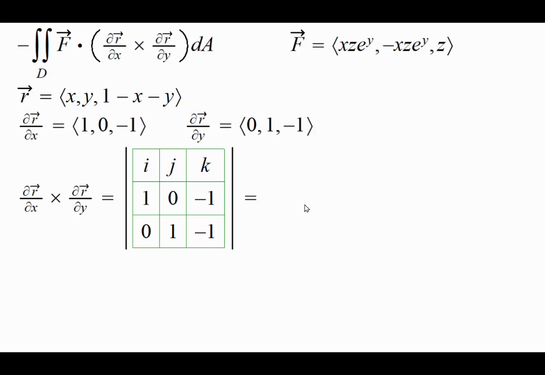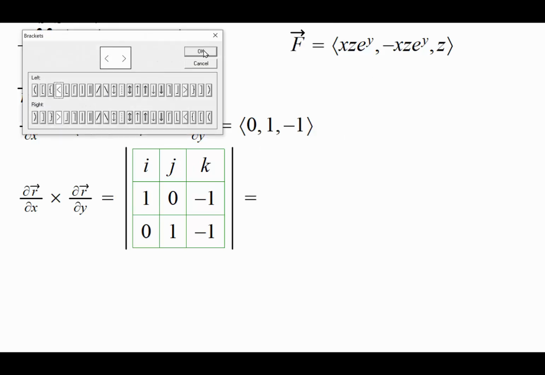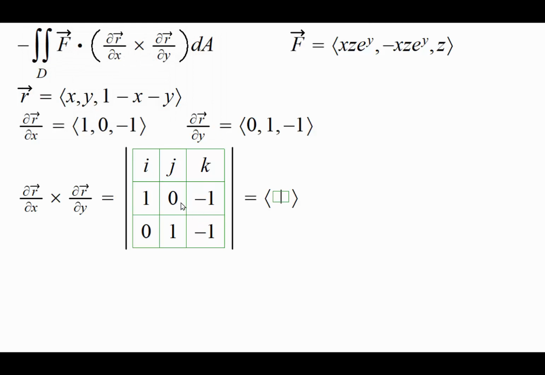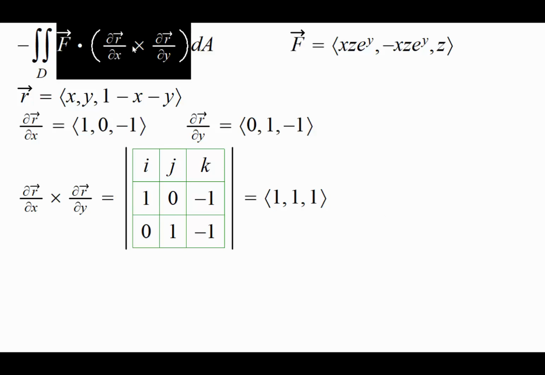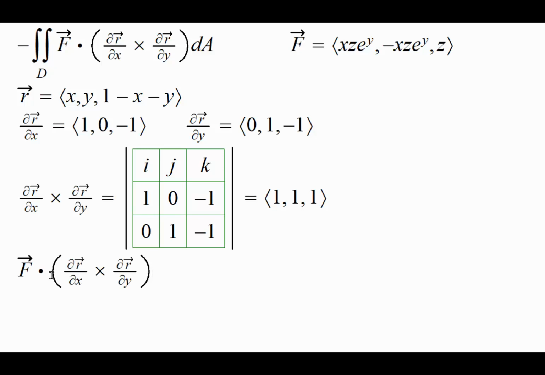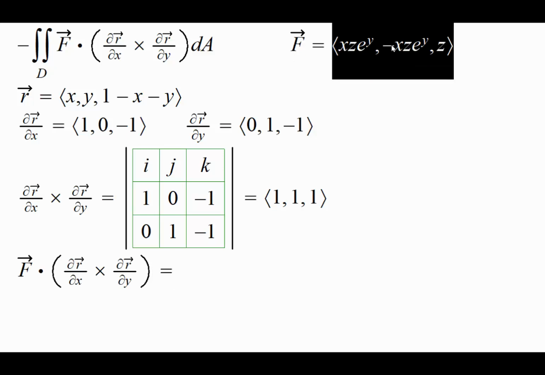For the first component, we have 0 times negative 1 is 0, then minus negative 1 times 1 would be 1. Then for the cofactor of j, here we have 0, then again negative of negative 1, which will be positive 1. And then for the cofactor of k, 1 times 1 is simply a 1.